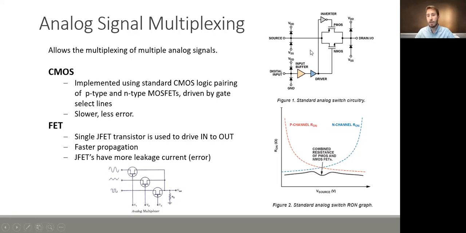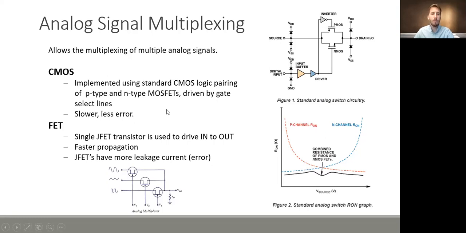Basically, you want a high in your gate for the NMOS and a low in the gate for the PMOS, because the PMOS operates off of a low voltage in reference to your high, and the NMOS operates off of a high. So this circuit will then switch. When you put a digital high, it will allow your source to flow through the transistors and out the drain. And so this is a standard circuit.